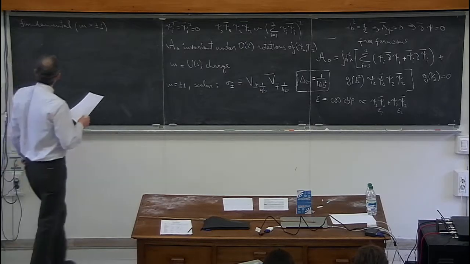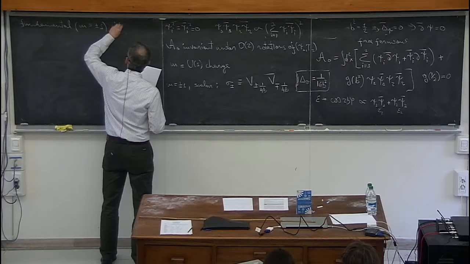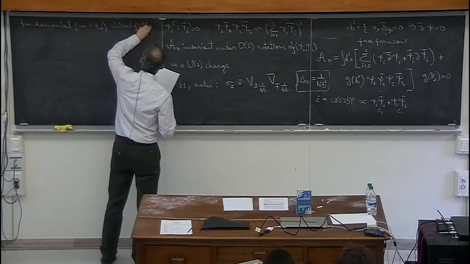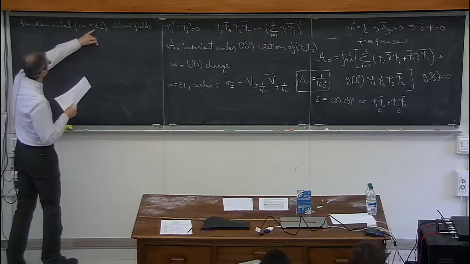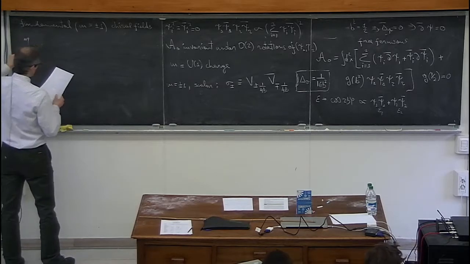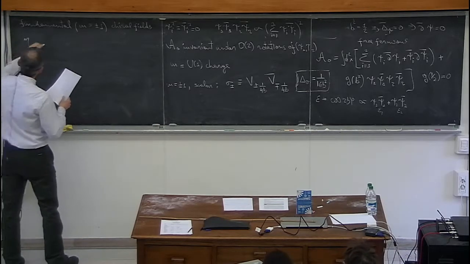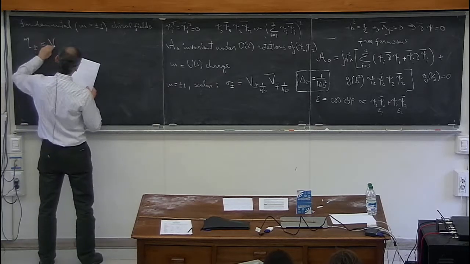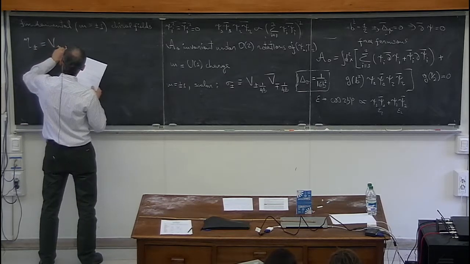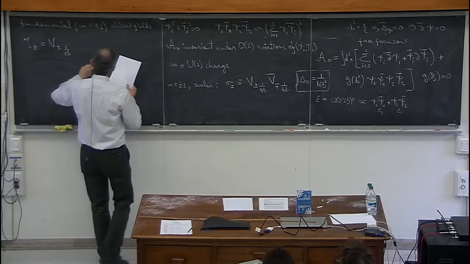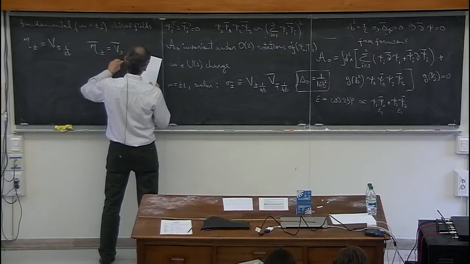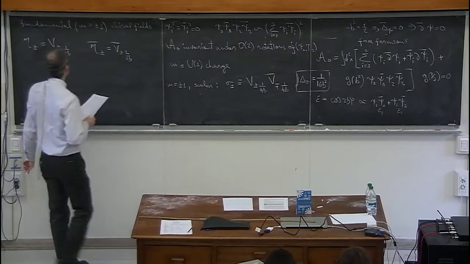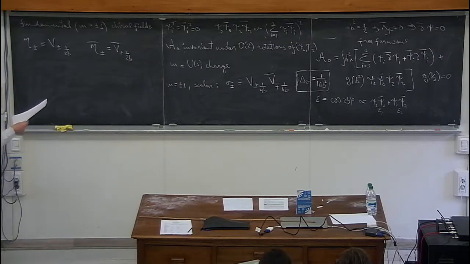So these are the fundamental chiral fields, and I call them eta and eta bar. Due to this plus or minus, if you look at all the quantization conditions we wrote, eta plus or minus is v plus or minus 1 over 2b, and eta bar plus or minus is v bar plus or minus 1 over 2b, in such a way that their dimension is just 1 over 4 beta squared.